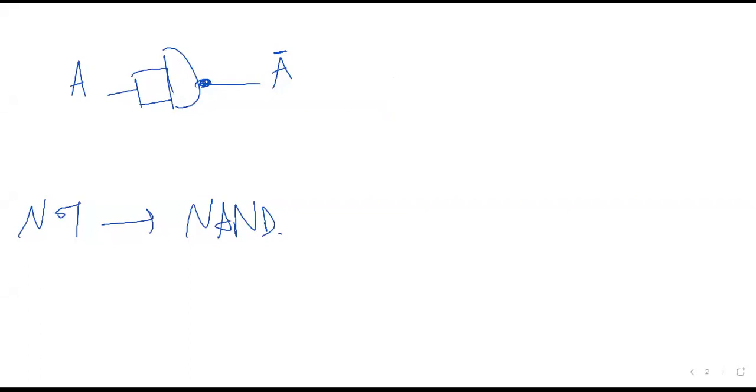All right. Let me see. If I have a function f, which is A, not A, I can simplify this using De Morgan's theorem, right?